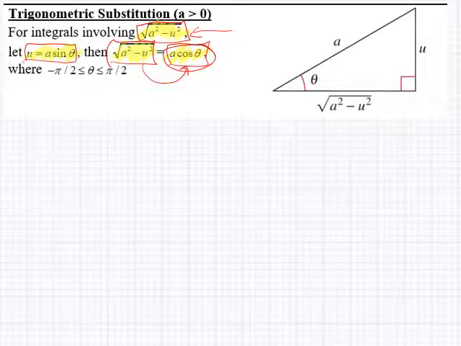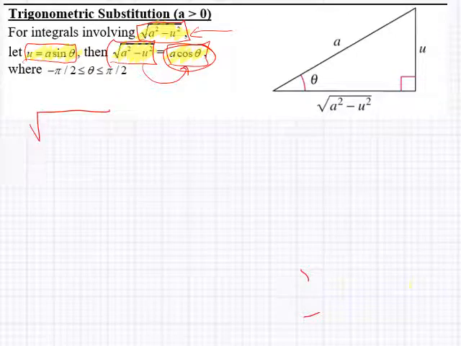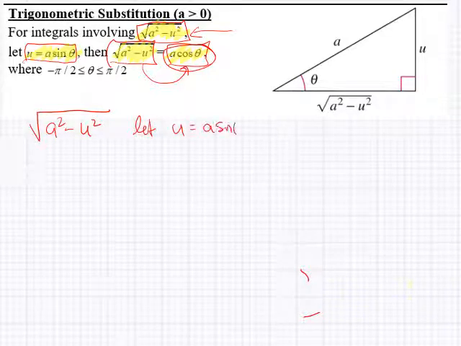Okay, so let's look at this. Let's say I have the square root of a squared minus u squared. In that square root, if I were to let u equal a sine theta, so a sine theta would get plugged in here, look at what happens.